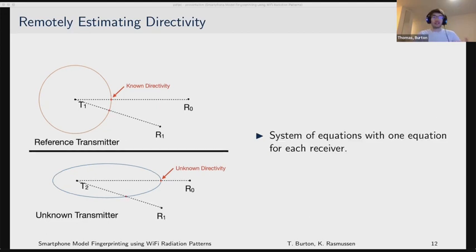We can then start using more receivers, and this allows us to create a system of equations that we can compare. For each receiver, we have an equation with one side being the reference transmitter and one side being the unknown transmitter.